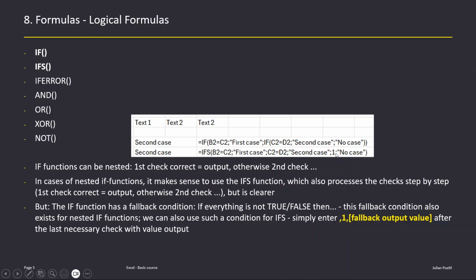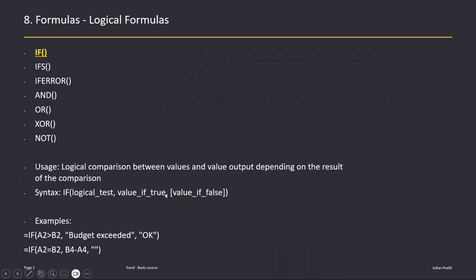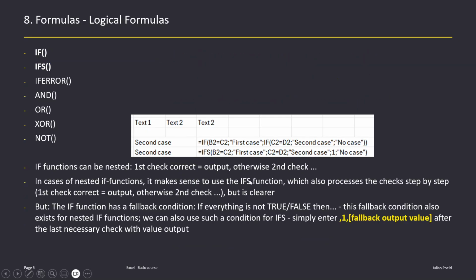Here in the IF function, this is like the if value, and this is the so-called else value. And with the IFS function, you can also do that if you write down a TRUE or 1 there, and then this will be the else value. So this is also a fallback output value or the else value.